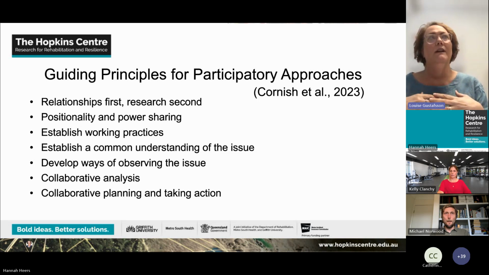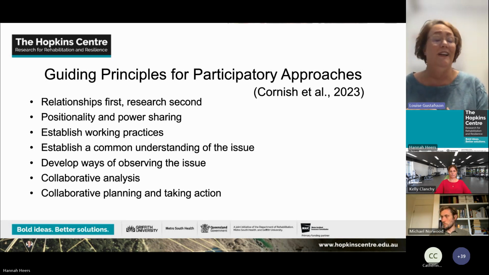It's really important as the organisation or the researchers that we're very aware of our own positionality, potential bias, where there is power imbalance between us and others or within the group, and that we work very hard to ensure that there is power sharing, equal voices, and certainly part of that is establishing ways of working, a common understanding of the issue, and that you develop collaboratively ways of observing the issue, collaborative ways of how to analyse.